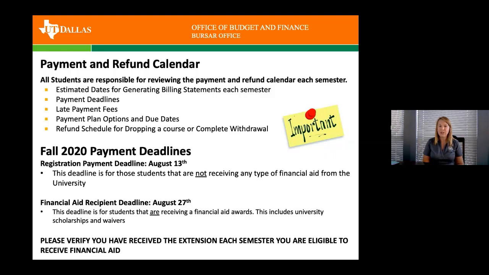If you notice that your date shows August 13th and you know that you're supposed to be receiving a scholarship, you would need to find out why that is showing August 13th and not August 27th. It may be that the financial aid office has not been notified that you're receiving the scholarship. So you want to check with them and find out what's going on and why it doesn't show that you have the extension. But every semester you should see your specific payment deadline on the Bursar tile in your student center. You can go ahead and move on to the next slide.